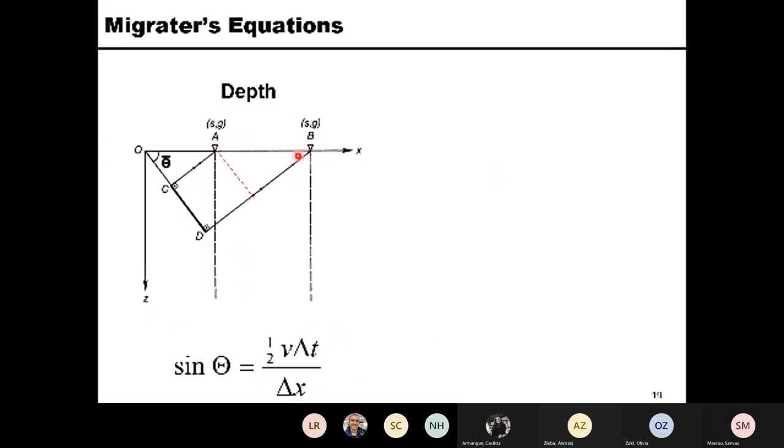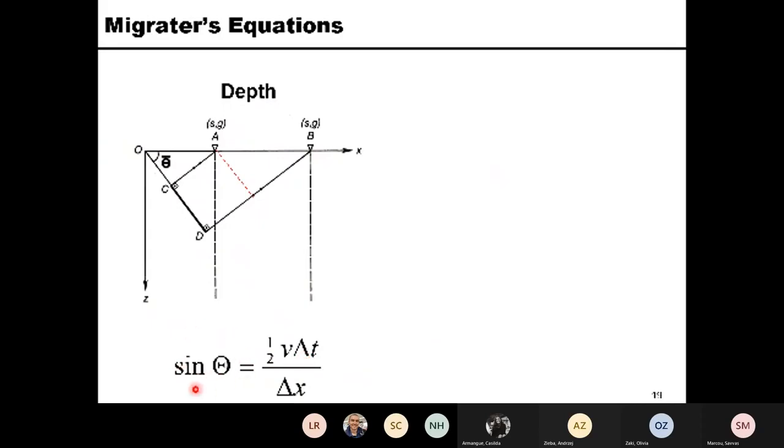This is the delta x, and here, sorry, this one from A to C. Here is a velocity times delta t, because the ray path is twice, right? From A go to the interface and come back. So that's the total travel length, but actually the depth is halved. It's halved because delta t is doubled.